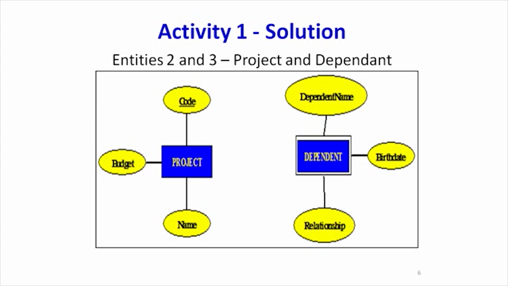There is also a budget for that particular project, and each project must have a name. There's also an entity for a dependent, whereby the dependent must have a name, a birth date, and a relationship. As we can see, a dependent rectangle, it's a double one. This is because this is a weak entity. It's because it depends on the employee entity.